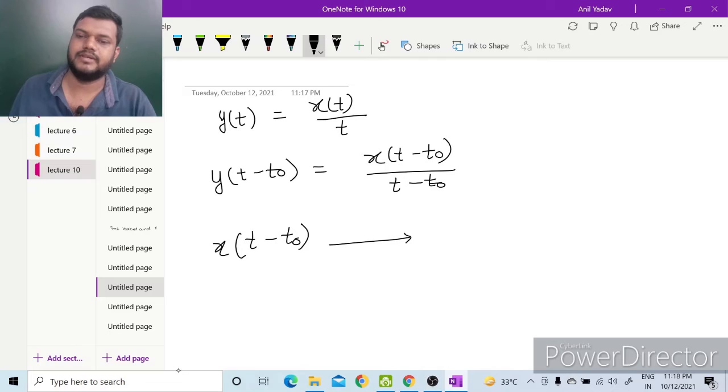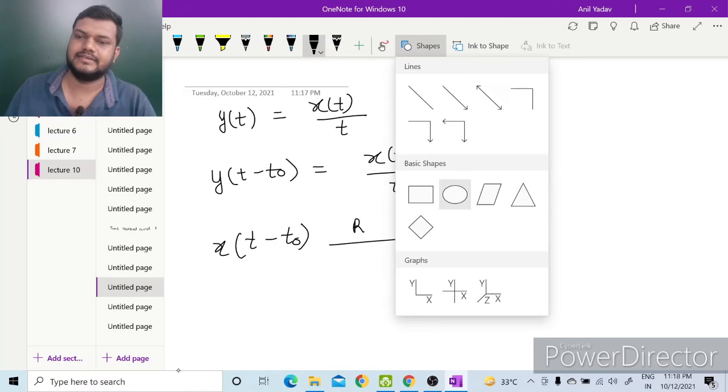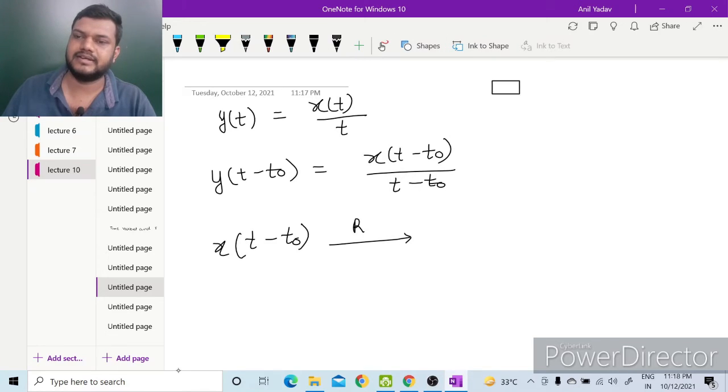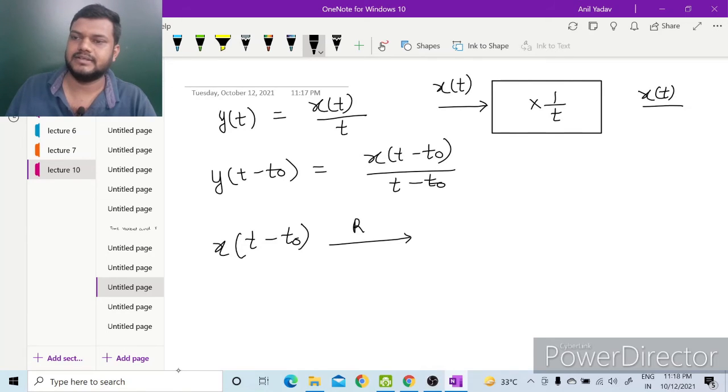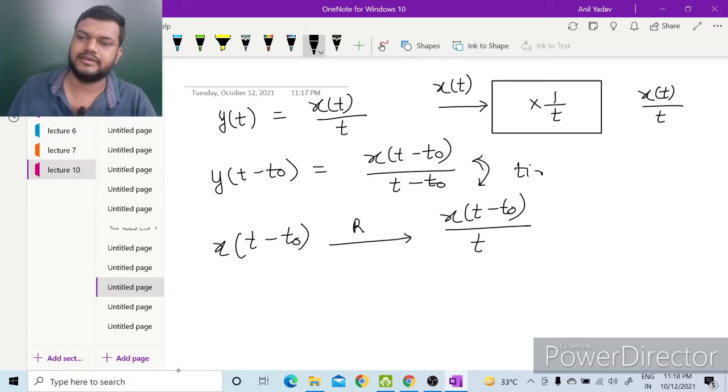Now what is this system doing? The system is dividing the input by t, meaning if the input is x(t), then the output is x(t) divided by t. It is multiplying the input by 1 by t. So here the output became x of t minus t naught by t. We can see these both are not equal, so the system is time variant.